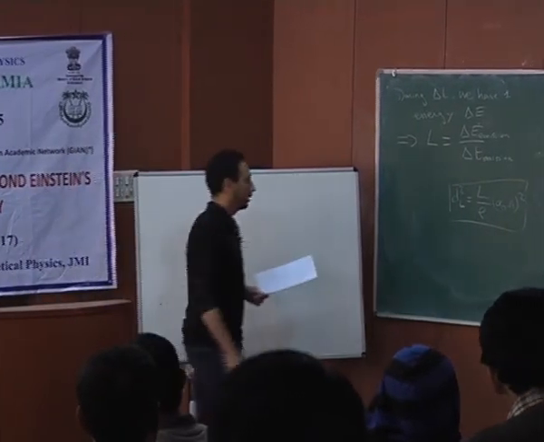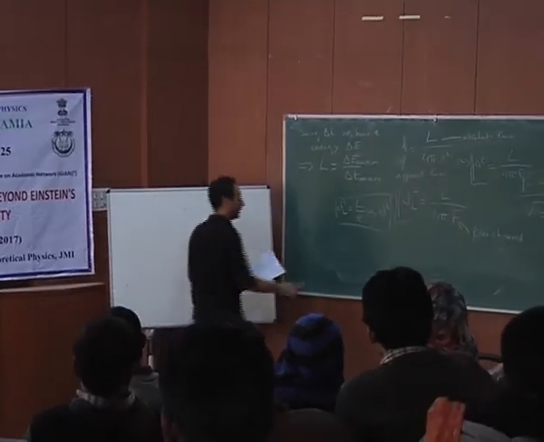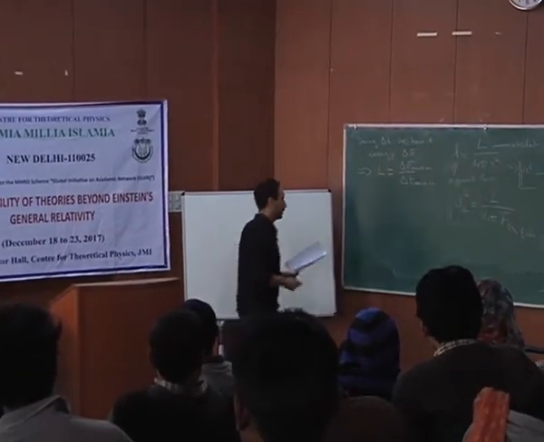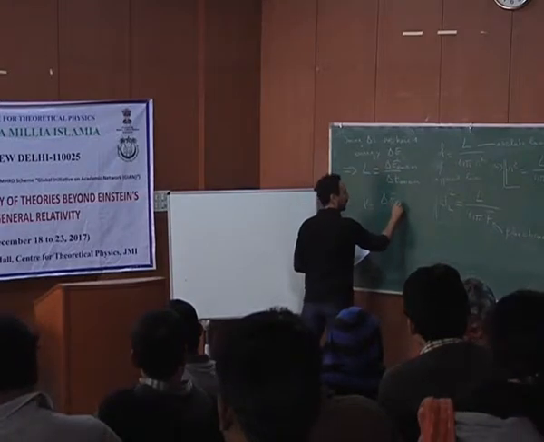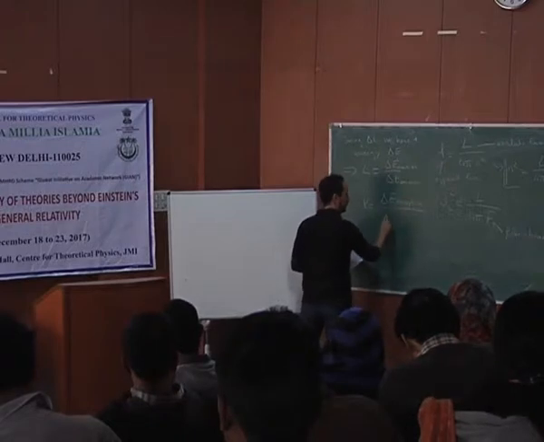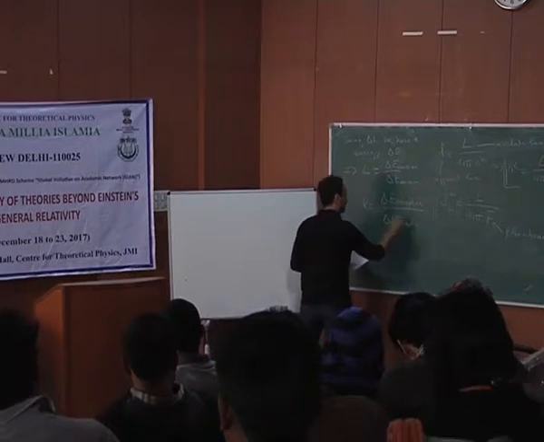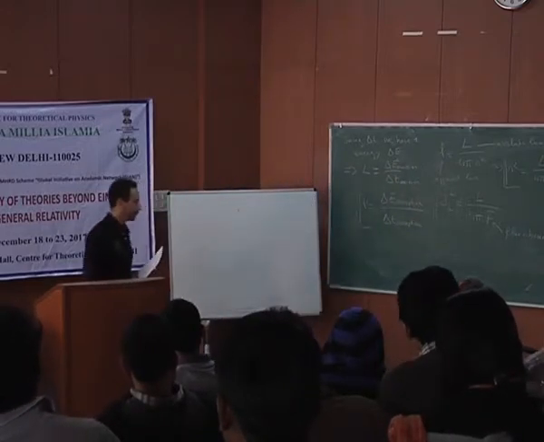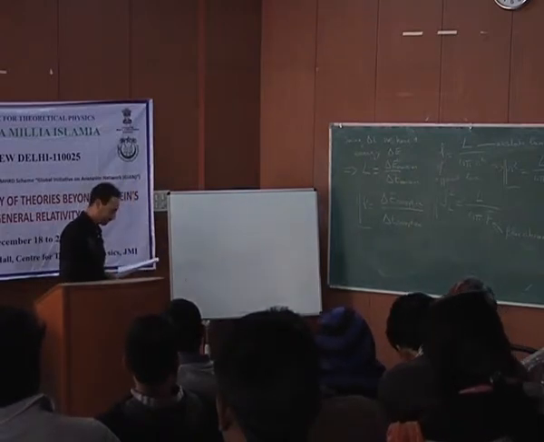At the same time, the apparent luminosity is exactly the same, except that the apparent luminosity is just the delta E at the reception, meaning on Earth, divided by the time of observation. Okay, so these are the definitions of luminosity.